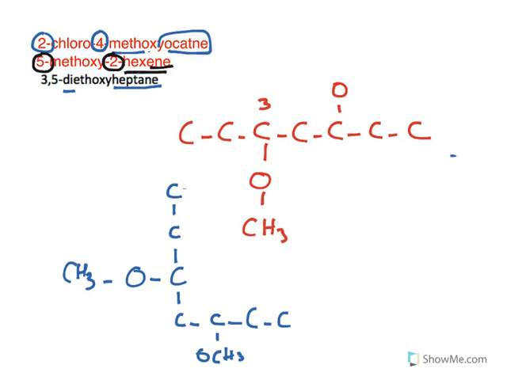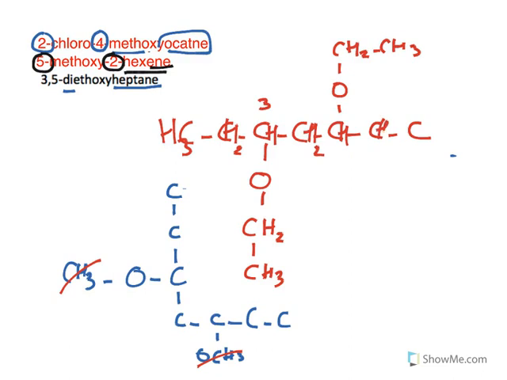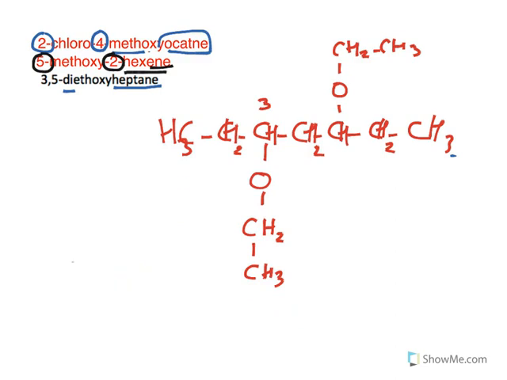Sorry, it's an ethoxy group, so it should be CH2, CH3. Sorry, so here it's ethoxy, CH2, CH3, and heptane. So this is the final formula of 3,5-diethoxyheptane. Let's move to the next slide.